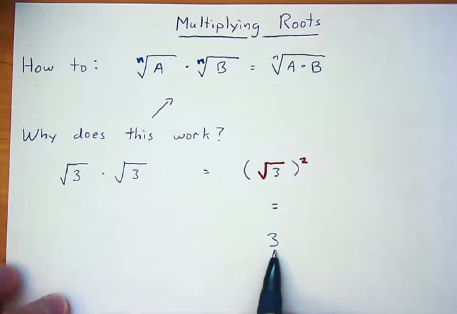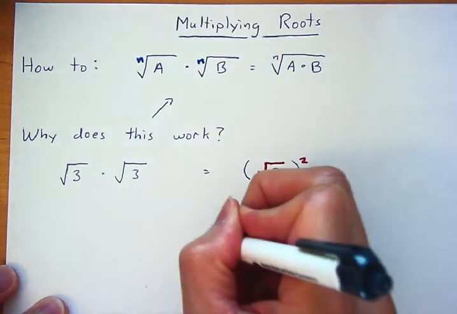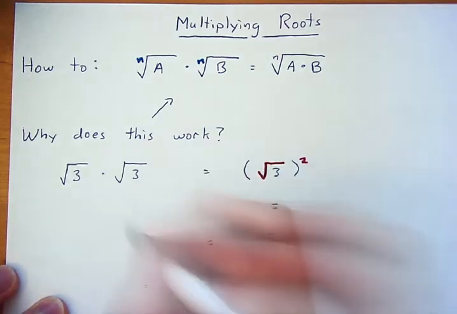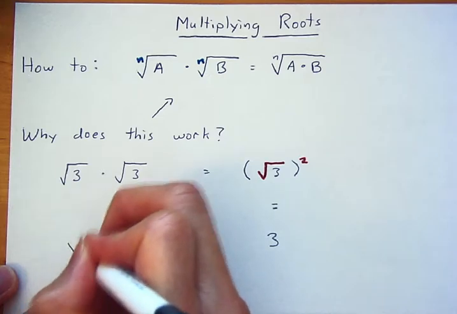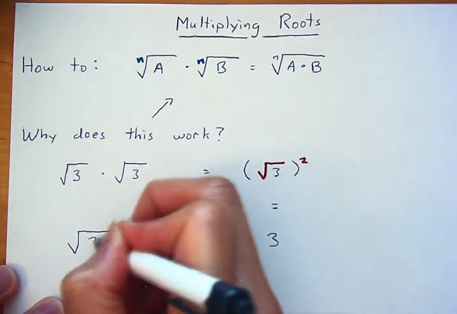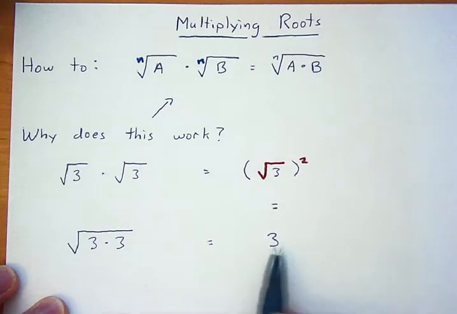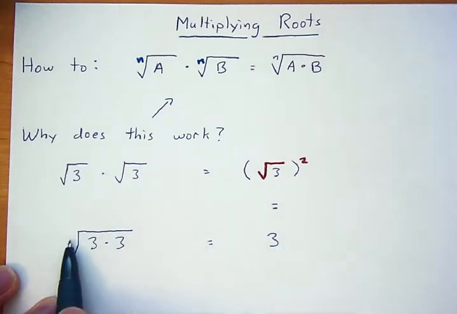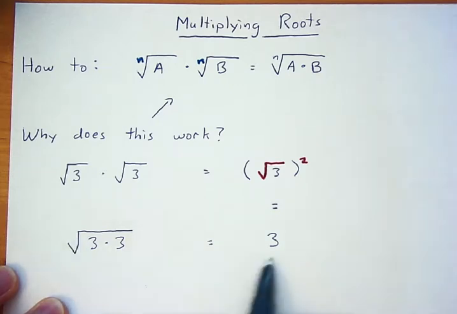Okay, I also know that another thing that is equal to 3 is the square root of 3 times 3. There's a tiny 2 right here, which means for every group of 2, 1 will come out. And then there's nothing left inside the square root once that pair comes out.